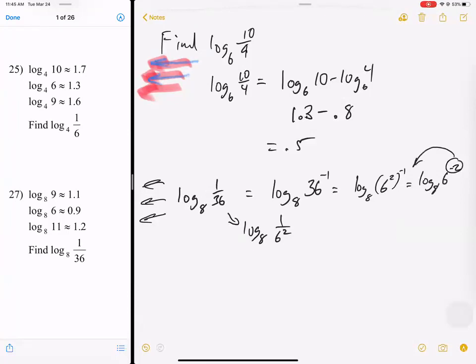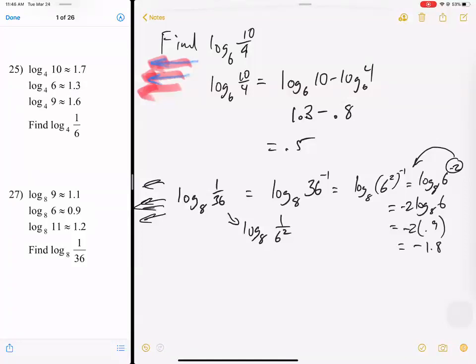In the front. Negative 2 log base 8 of 6. We see here log base 8 of 6 is 0.9, so negative 2 times 0.9 is negative 1.8.